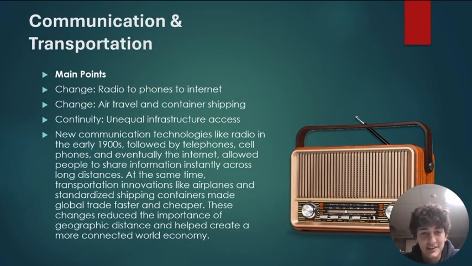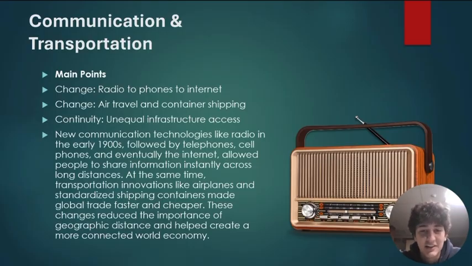Communication and transportation. Some main points that changed were radio to phones, which turned into the internet. Another change is air travel and container shipping, and a continuity is unequal infrastructure and access.